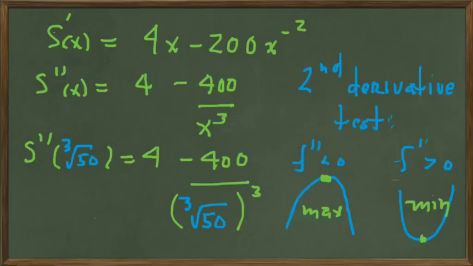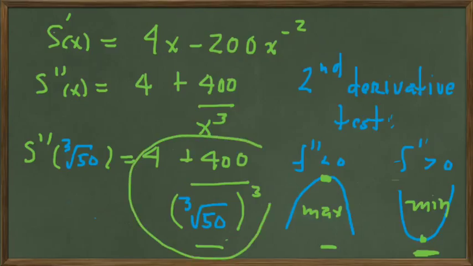The second derivative test had us determine whether at the critical value, the cube root of 50, we had a positive second derivative, which would have given us the minimum we wanted, or a negative second derivative, and we found out that, actually we fixed this as a plus sign, we found out that this expression right here was positive, and so we did have the relative minimum that we wanted at the cube root of 50.